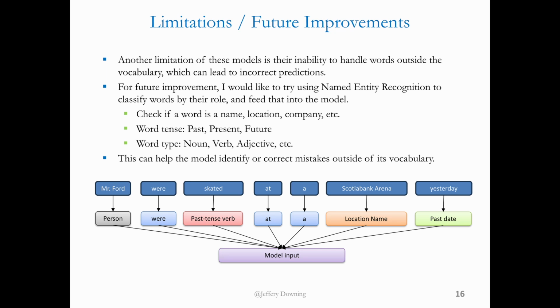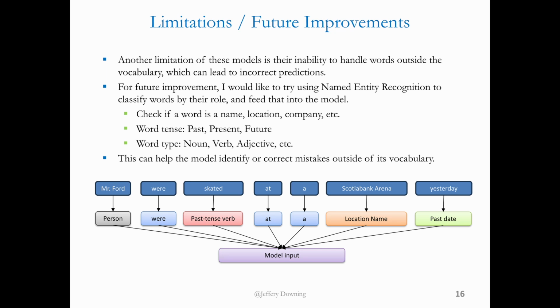Another limitation of these models is their inability to handle words outside of the vocabulary, which could lead to incorrect predictions. For future improvement, I would like to use something like named entity recognition to classify words by their role and potentially feed that into the model instead. We could check if a word is a name, a location, or a company.